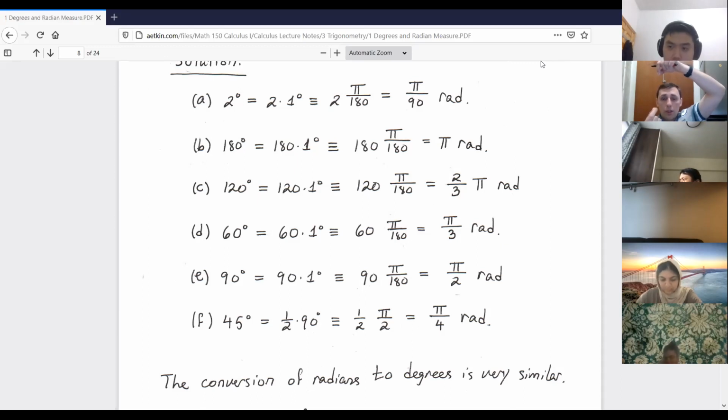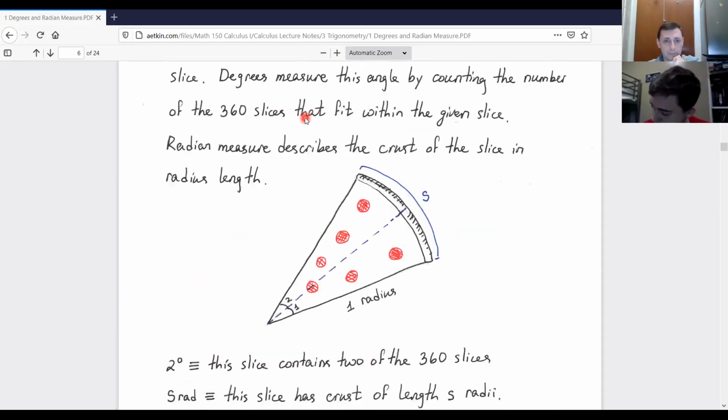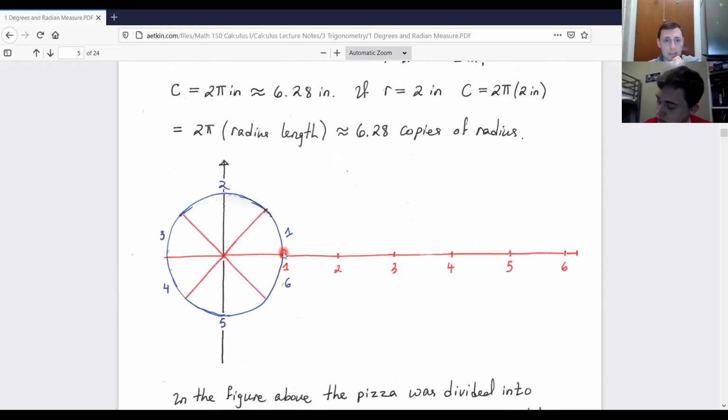You place it at the edge of the pizza, kind of like this. If this is 1, then you take this piece out, you fold it around the crust, and this slice is a slice of 1 radian.